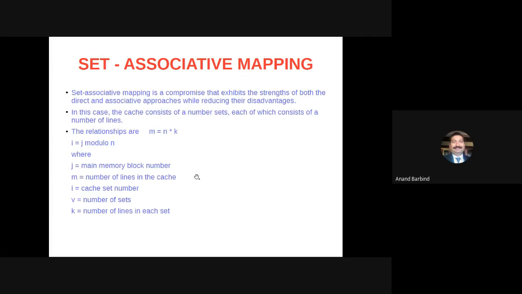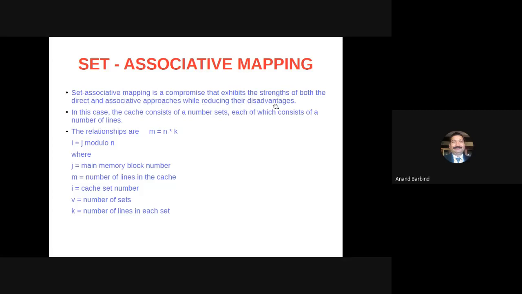So that is the associative mapping. The disadvantage with the associative mapping is that the number of comparisons is very large. Now there is the set associative mapping method. Set associative mapping is a compromise that exhibits the strength of both the direct and associative approaches while reducing their disadvantages.